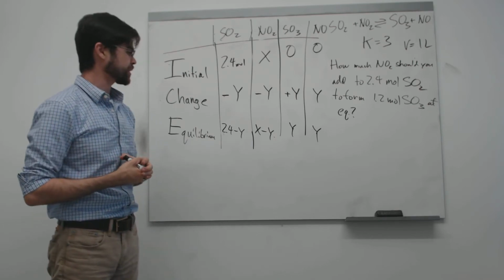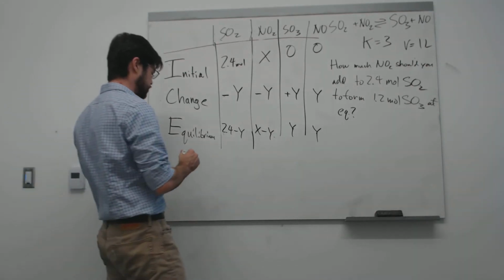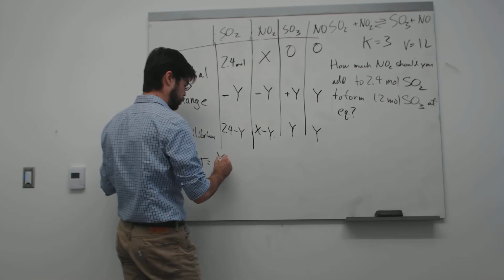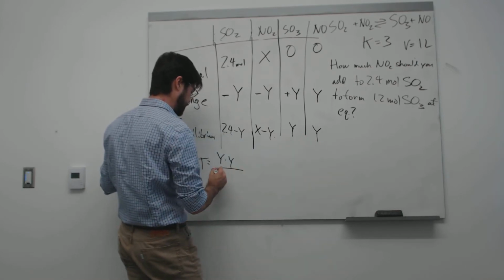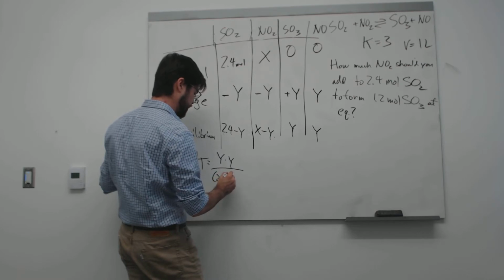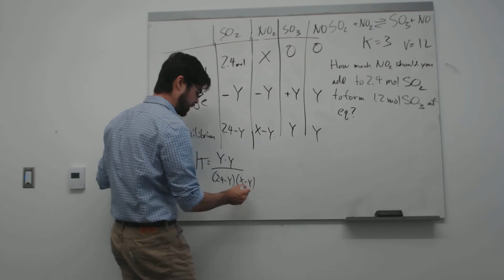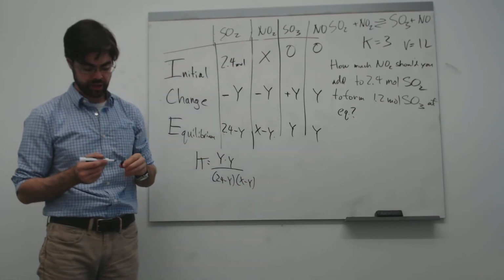At this point, if I were to plug these into the law of mass action, I would have K equal to y times y divided by 2.4 minus y times x minus y. I know what K is: K has a value of 3.